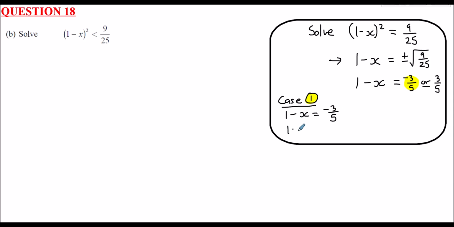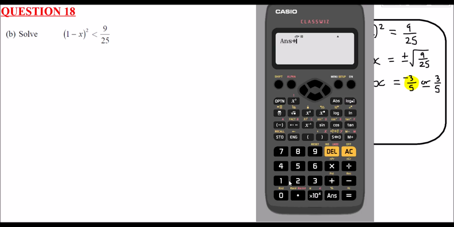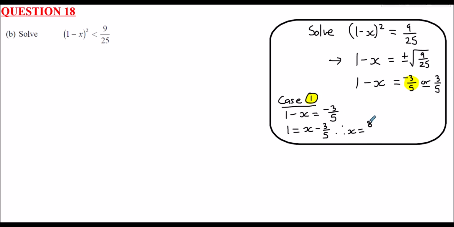We get 1 equals positive x minus 3/5. Then finally just add 3/5 to both sides. We get that x equals 1 plus 3/5. If you do that on a calculator, you'd get 8/5. So that's only one case.